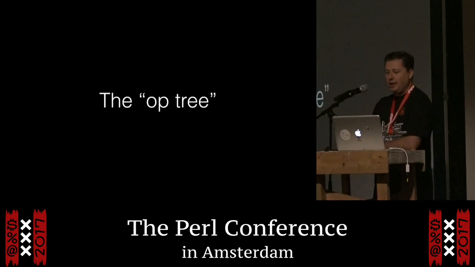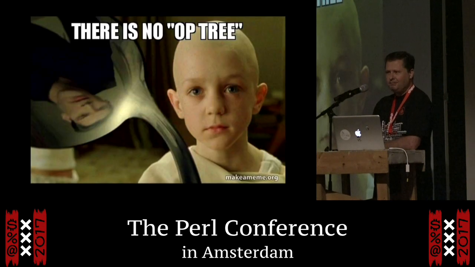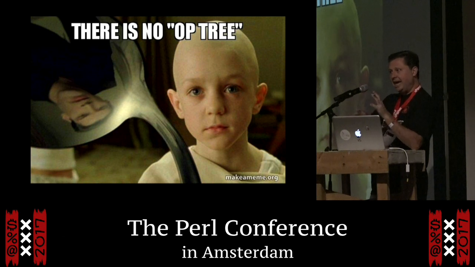Okay, so now let's talk about the op tree. I've heard it talked about for years, but my conclusion at this point is that I don't even know who coined the term, but there really isn't an op tree. What you actually have is your stash. Your stash has a lot of CVs off of it, which, coming off the CV is a series of operations or ops that need to happen in each of those subroutines.